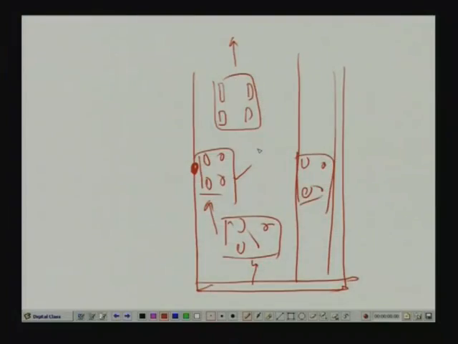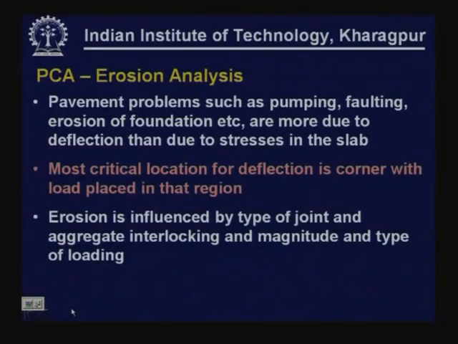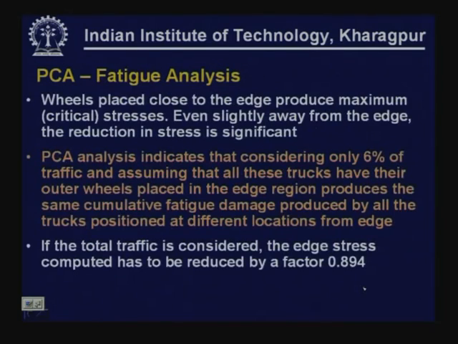That is what PCA has worked out. To repeat, PCA analysis indicates that considering only 6% of traffic and assuming that all these trucks have their outer wheels placed in the edge region produces the same cumulative fatigue damage produced by all the trucks positioned at different locations from the edge.